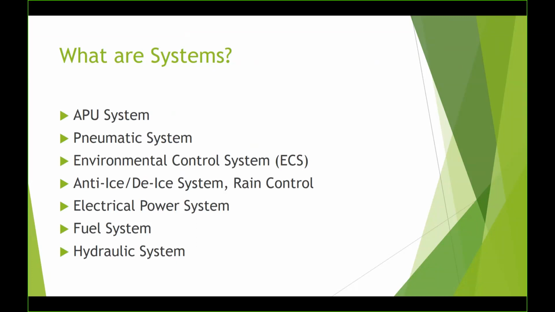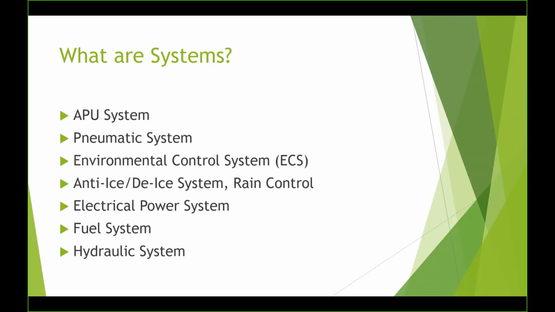So APU, consider a system. APU is auxiliary power unit. This is the third jet engine on a twin engine airplane. There's actually usually a third little jet engine there that nobody knows about. Provides supplemental air and electrical power, auxiliary. Pneumatics, environmental control, anti-ice, de-ice, rain, electrical, fuel, hydraulic.